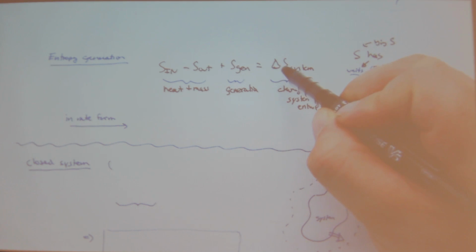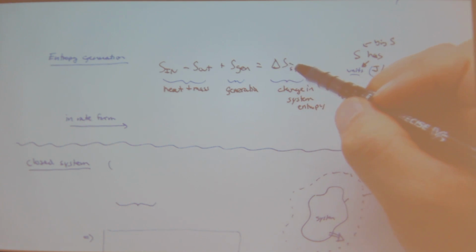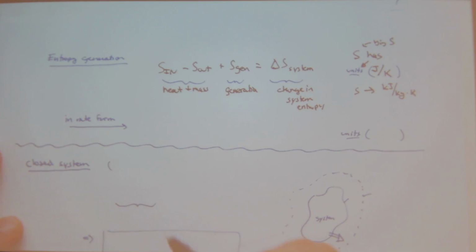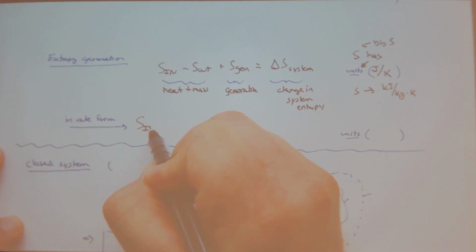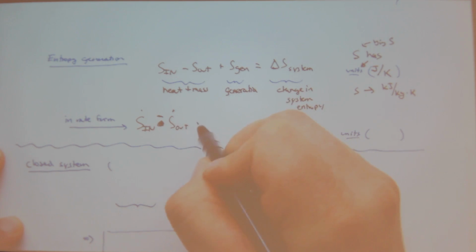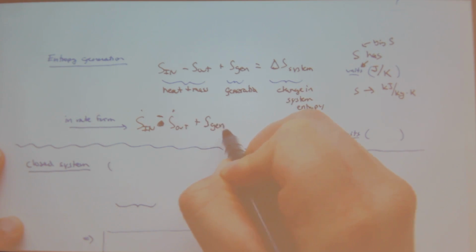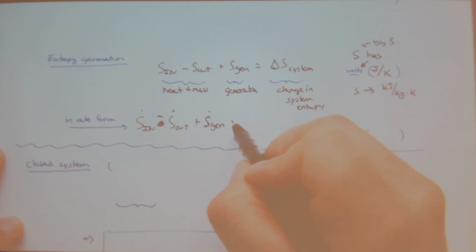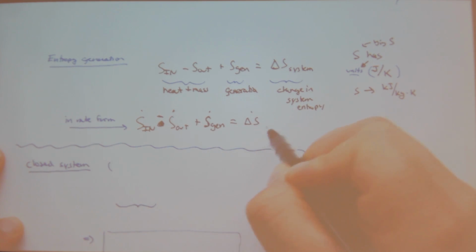This side is always the change in entropy from one equilibrium state to another equilibrium state, S2 minus S1. I can do this in rate form: S in dot minus S out dot plus S gen dot equals delta S dot system.